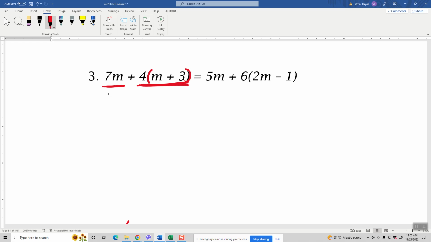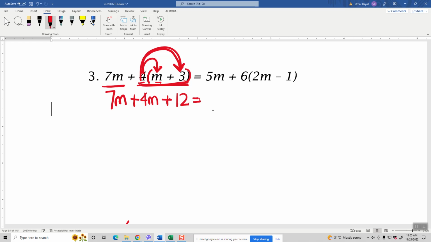So what I will do first is copy 7m and then perform the indicated operation, which is multiplication, by way of distributing over the inside quantity m plus 3. So ending up with a product of 4 times m, how much? That will give you 4m plus, because 4 times 3 are both positive, so that is plus 12.